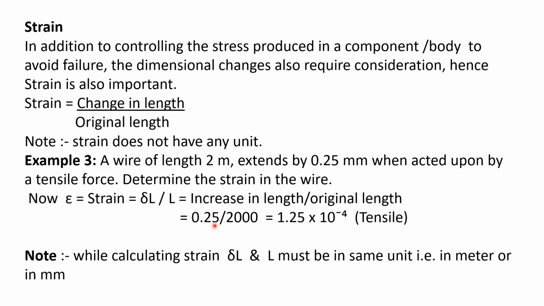So 0.25 divided by 2000 will be 1.25 into 10 raised to minus 4, and the force is tensile, so the strain will also be taken as tensile. So while calculating the strain, we must remember that delta L and L must be in the same unit, both in meter or in mm.